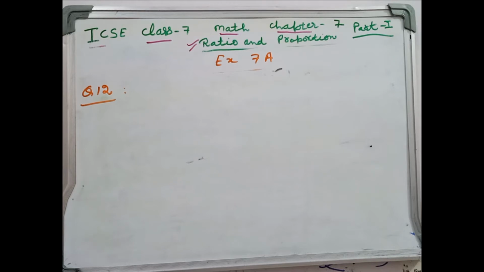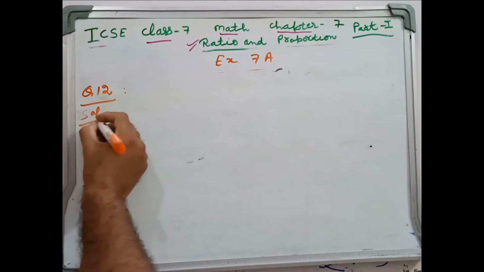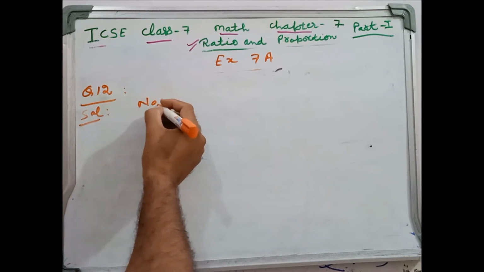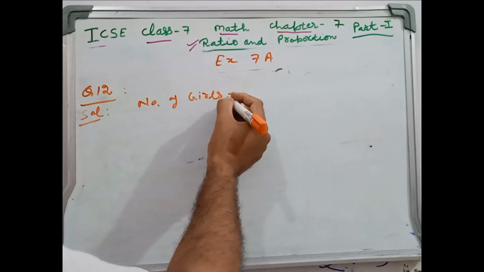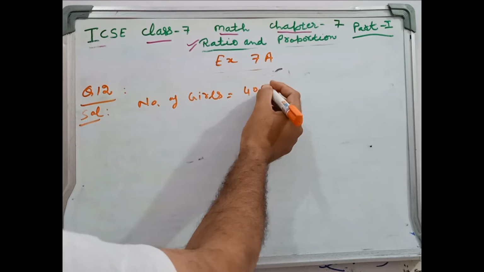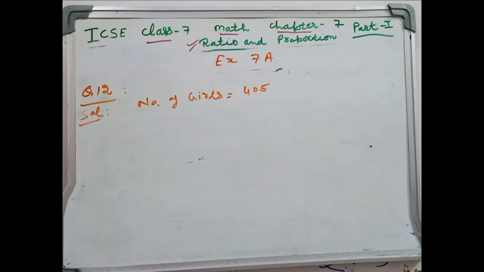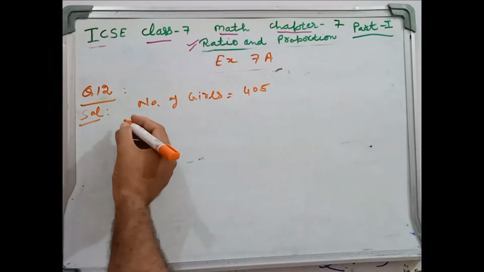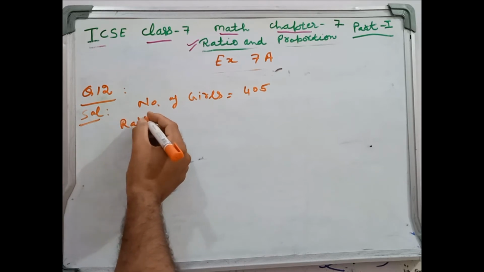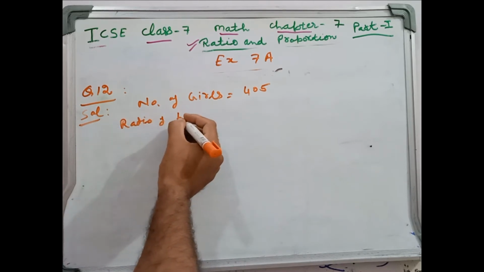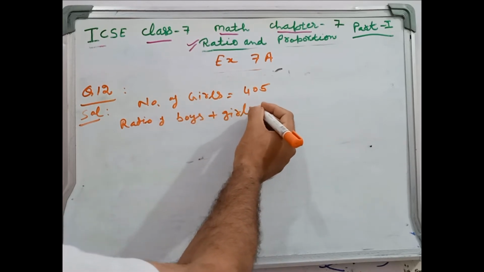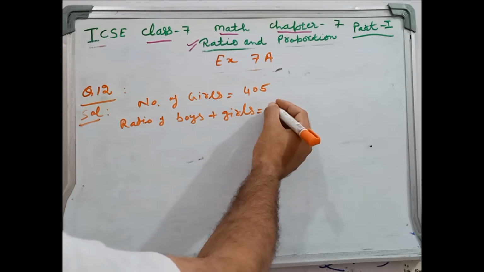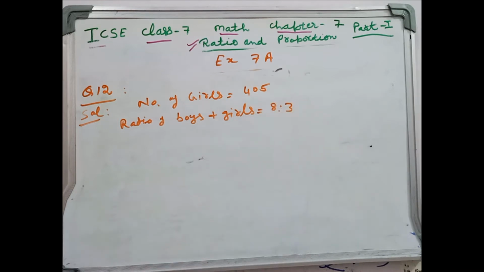So now we will write it here. Number of girls is given as 405, and the ratio of boys and girls is 8:3.